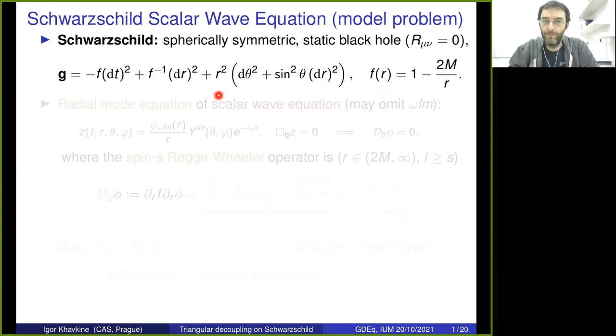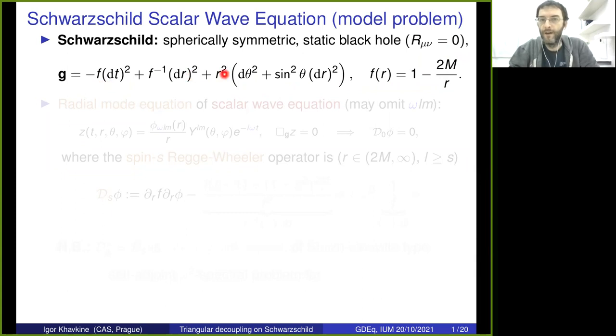This metric has this particular function, which identifies it specifically as the Schwarzschild geometry, which looks like this. It happens to go to identity for large values of r. And you will see that in that limit, this metric approaches the metric of flat space, or Minkowski space.